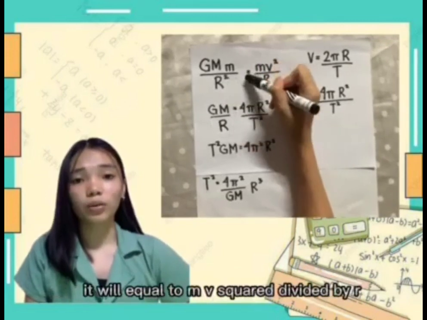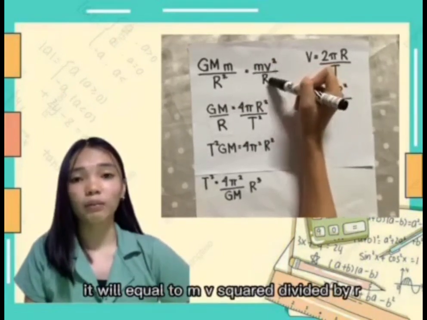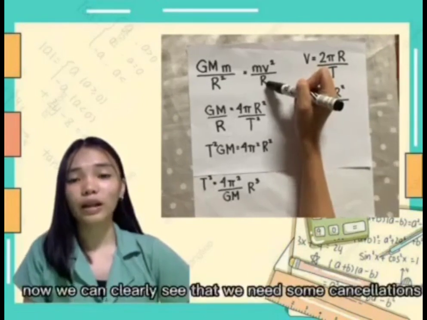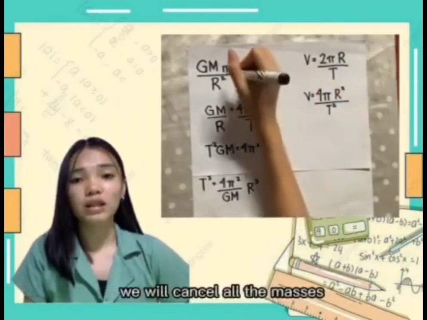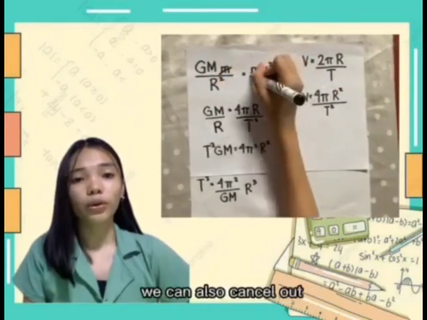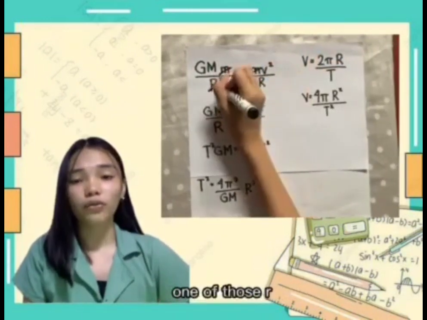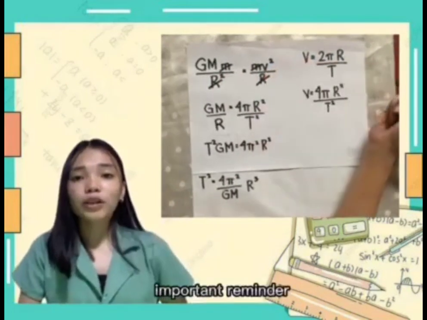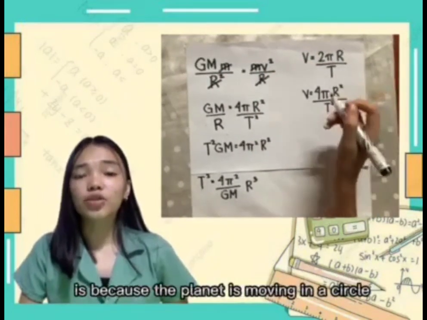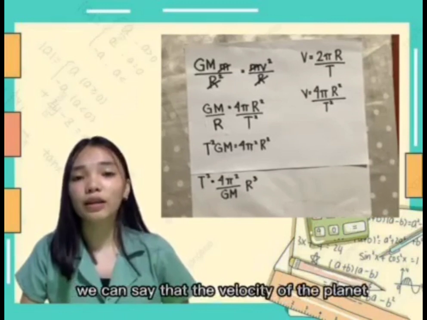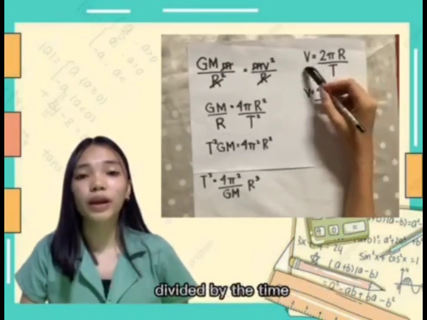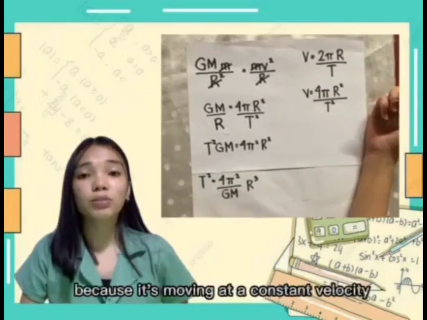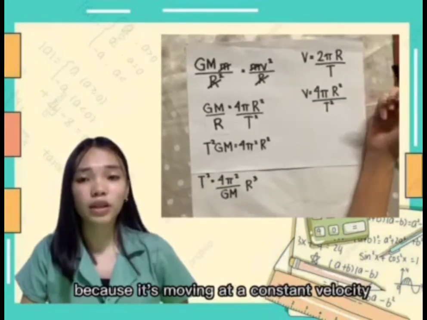It will equal mv squared divided by r. Now, we can clearly see that we need some cancellations. We will cancel all the masses. We can also cancel out one of those r. An important reminder is, because the planet is moving in a circle, we can say that the velocity of the planet will be equal to the distance traveled divided by the time, because it's moving at a constant velocity.